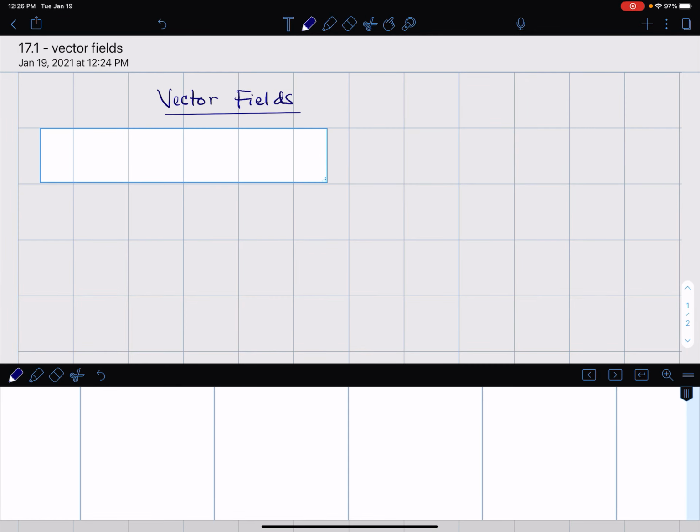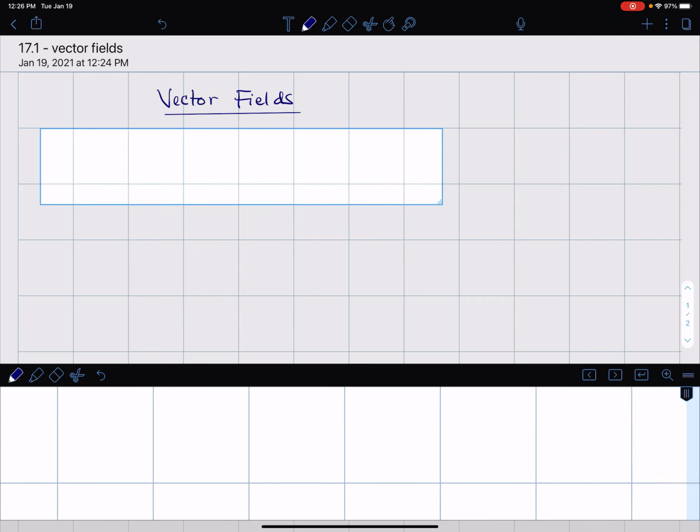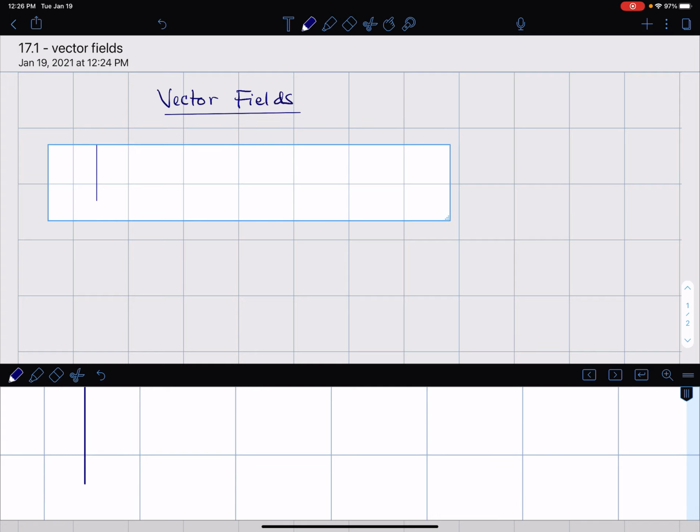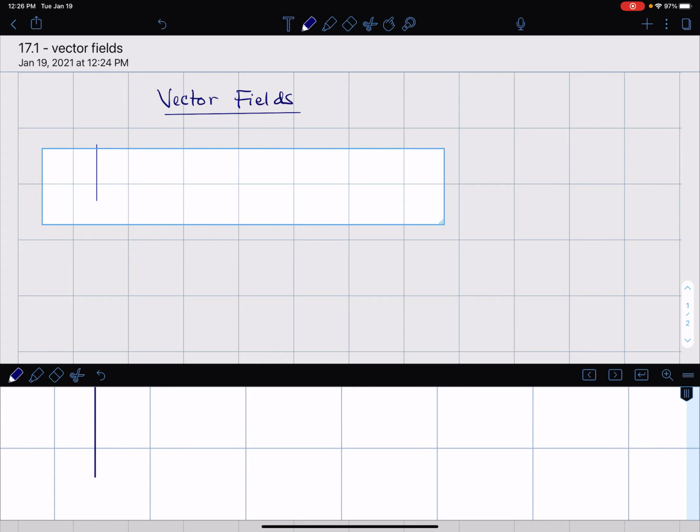Consider the following examples. The first one: let's think of the velocity of a breeze at several points in space. For instance, a beach.